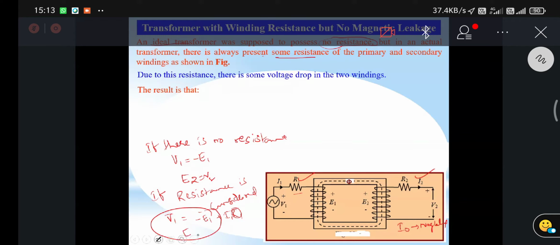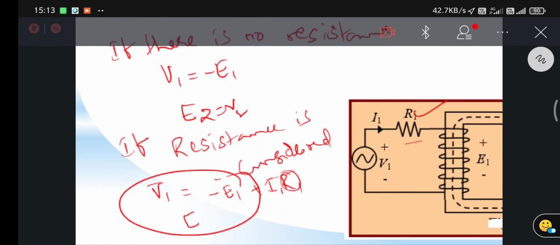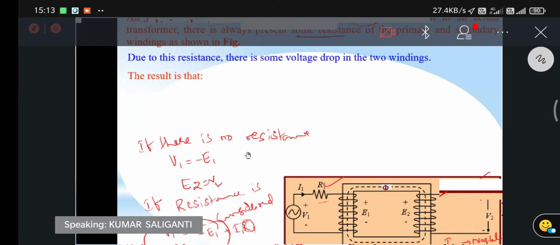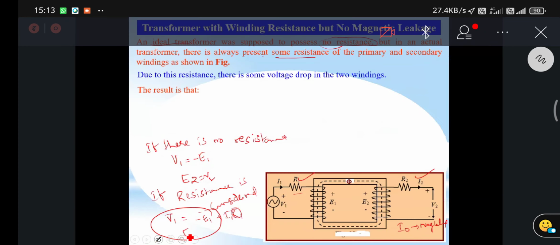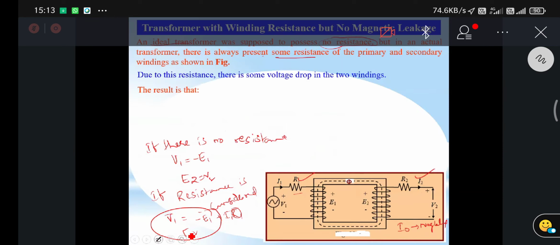Then E2 equals V2 plus I2 R2; with no resistance, I2 R2 is 0, and you get these two relations again. That's what I am going to say here.